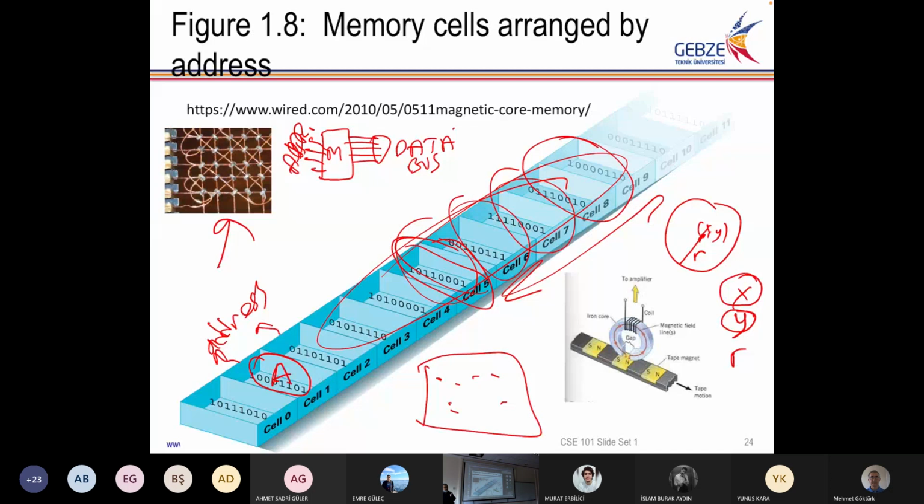So if it is 0, it can correspond to black, and 1, it's white.